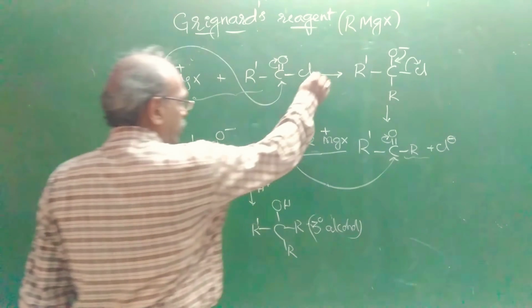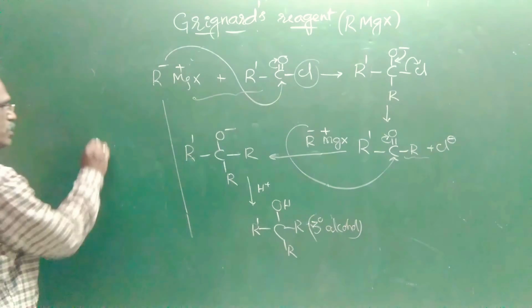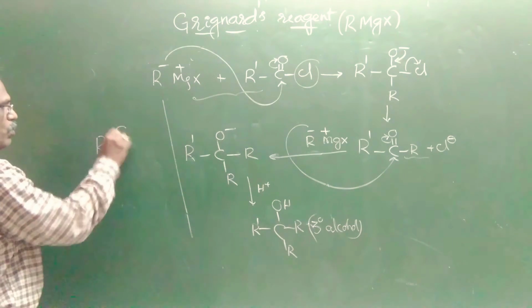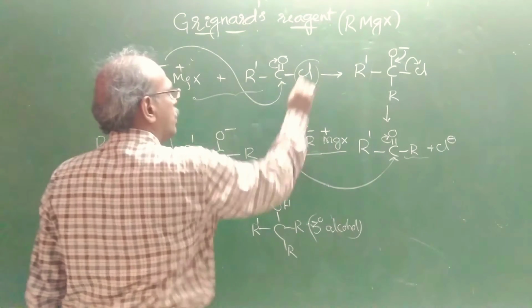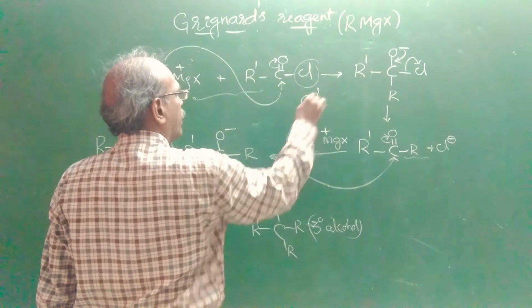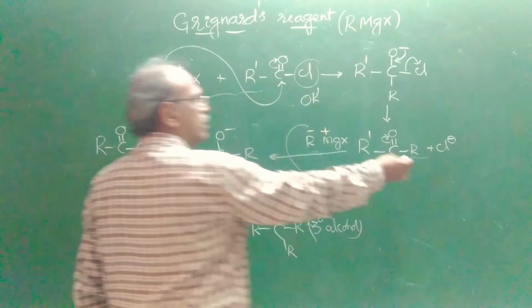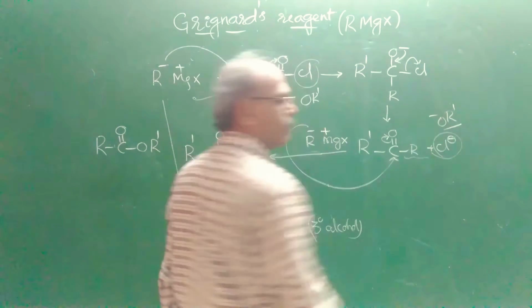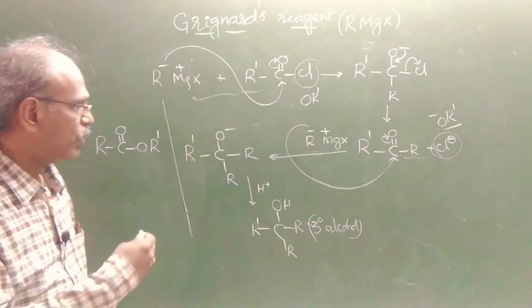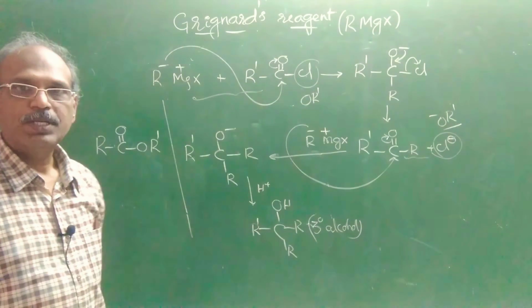In the same way, with respect to esters, what is an ester? RCOOR dash. Instead of Cl, you have OR dash. In the same way, in place of Cl, the leaving group is O minus R dash. In the same way, you can work out with acid chlorides and esters.